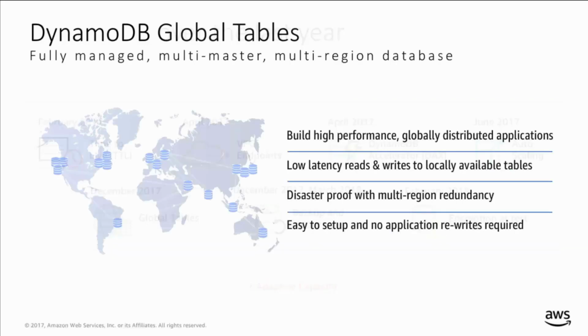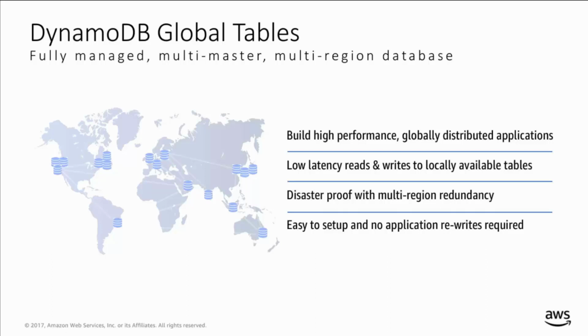Just a quick word on DynamoDB Global Tables as one of the key features that really makes DynamoDB an attractive option for workloads that depend on Cassandra for multi-data center replication. This feature was built for high-performance, globally distributed applications and provides low latency reads and writes to locally available tables.